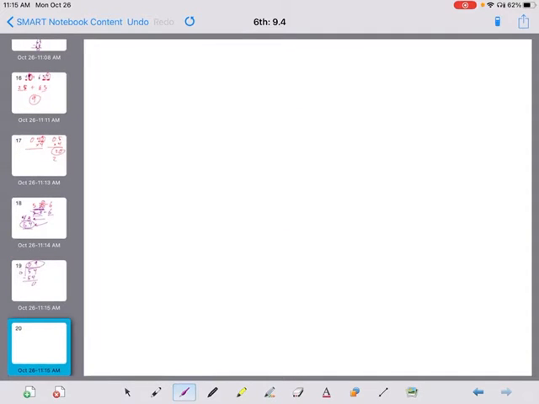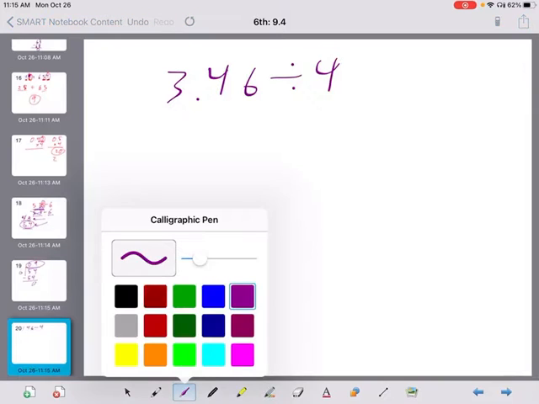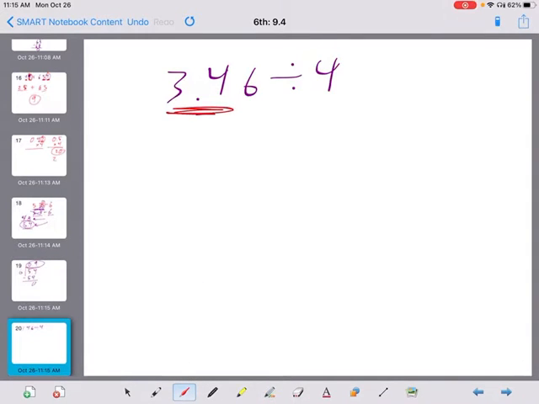Let's look at 16 too, because I forgot to explain that way of doing it before. So 16 is 3.46 divided by 4. So think, what is 34 close to that 4 goes into? Because we're rounding to the nearest tenth here. Well, 4 goes into 36, and it goes into 32, or 3.6 and 3.2 in this case.